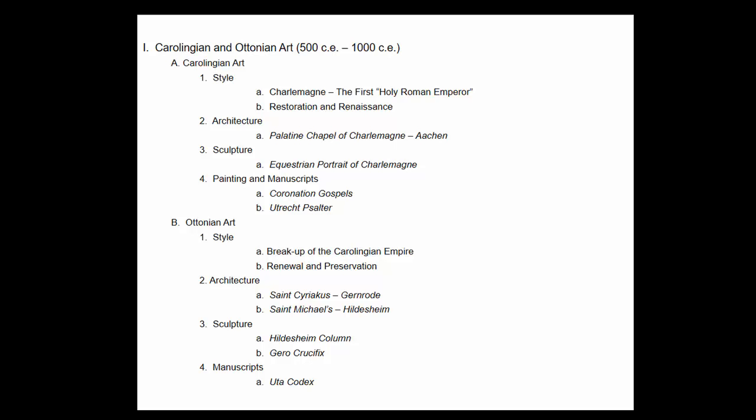Now, this is the first time that we'll hear the word Renaissance. Renaissance is a French term which means rebirth, and whenever we talk about Renaissance, what's being reborn or renewed is classicism, specifically the two types of classicism from the Greeks and Romans. And so Charlemagne was at heart a classicist in the Roman sense.